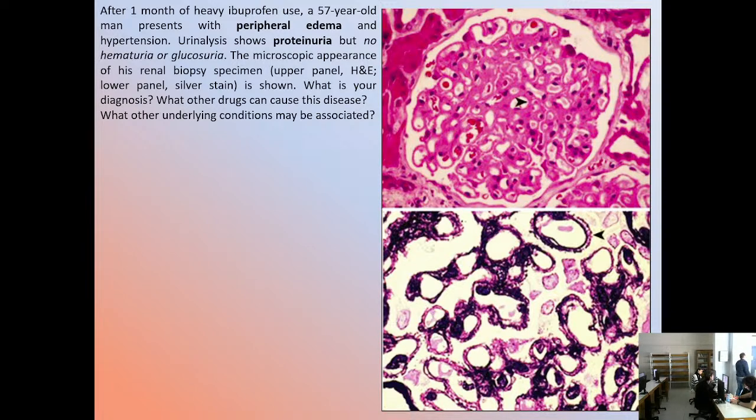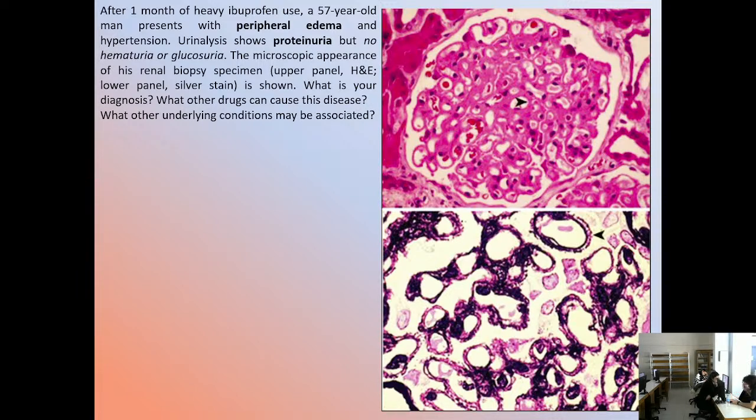However, we have clinical findings of nephrotic syndrome, that means severe proteinuria, and we have a diffuse and global lesion. Can you identify it? It's the thickening of the basement membranes due to immune complex deposition.